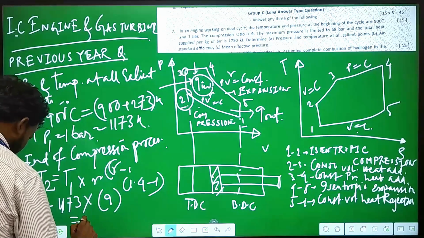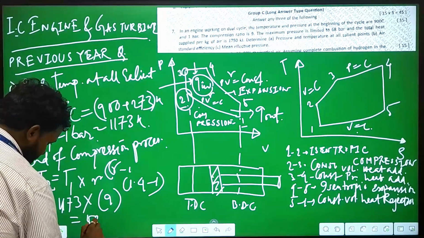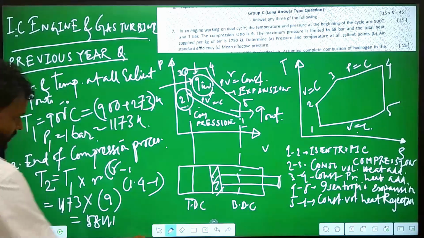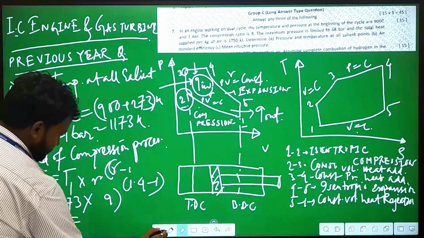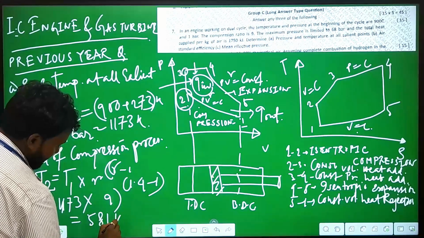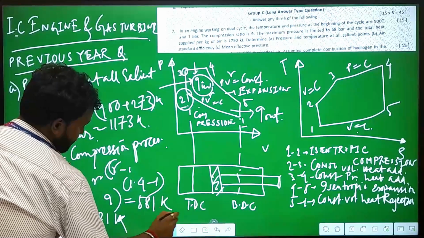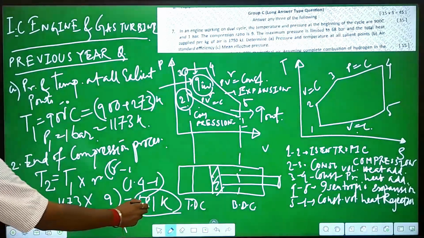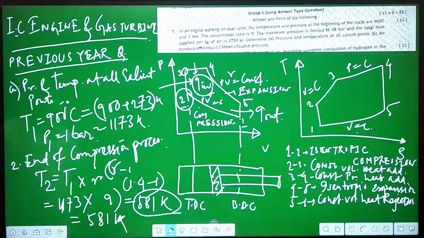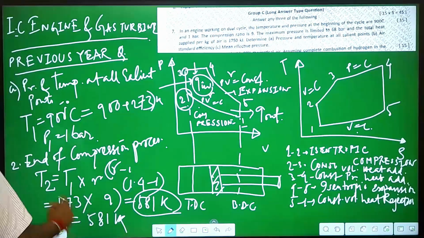The temperature will be 581 Kelvin. You should check the actual numerical value, whether it is 581 K or not. After that, we have got the T1 value and the T2 value.